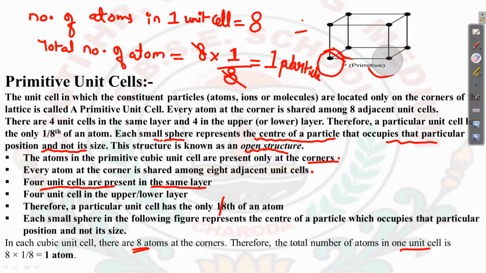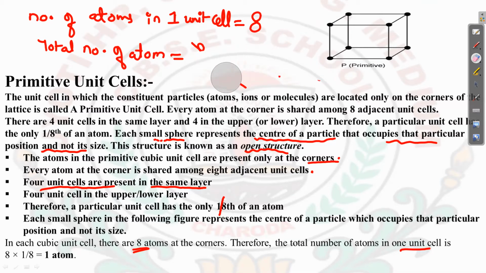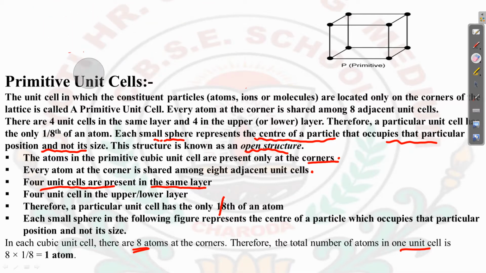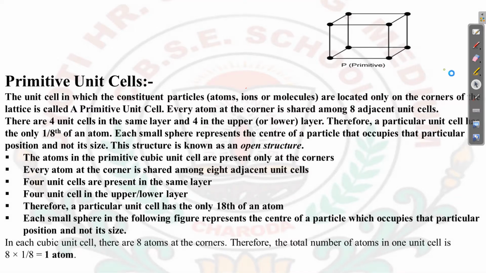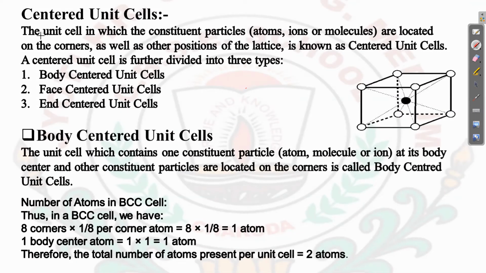Let's talk about the centered unit cells now. What is a centered unit cell? As you are clear about the primitive unit cell, let's move towards the centered unit cell. In a centered unit cell, as from its name we can see that the word centered is used here.